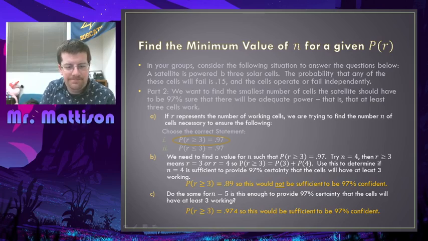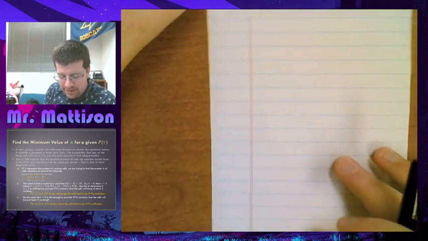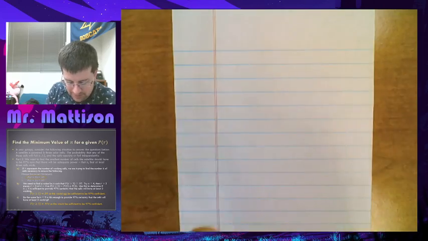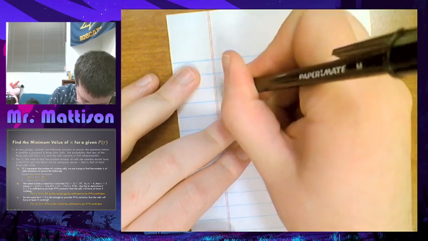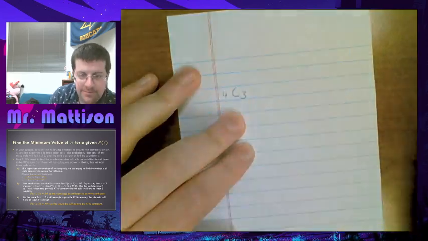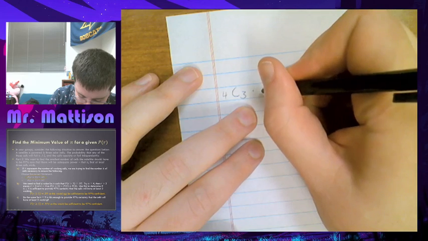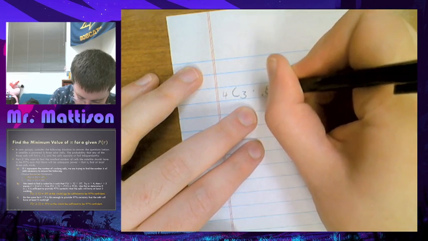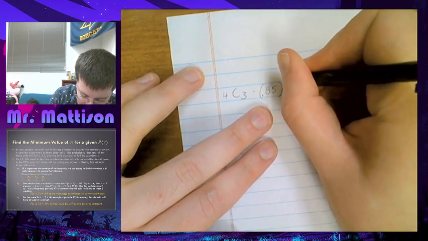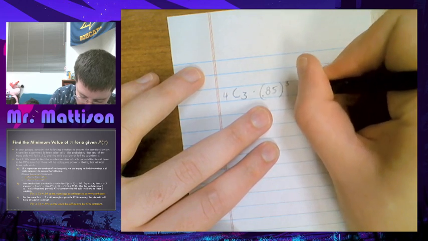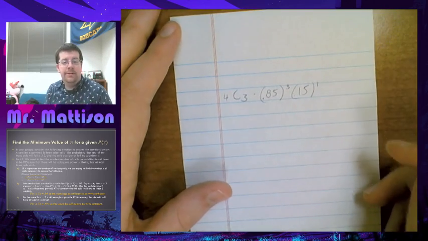So to do that, using that same formula we've been using for a bit here, I have 4 combination 3, times 0.85, since successes are 0.85, raised to the third for the 3 successes, times 0.15 to the 1 power for that 1 fail.